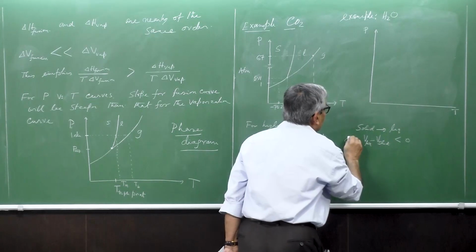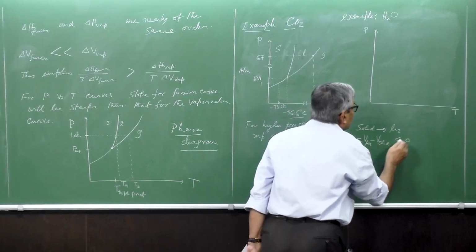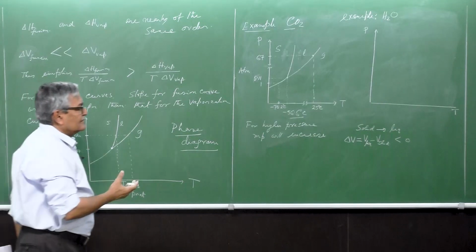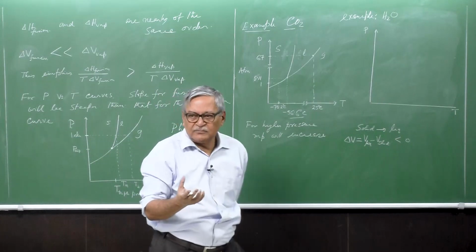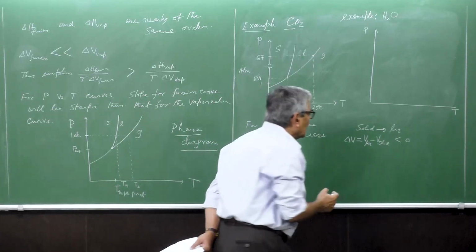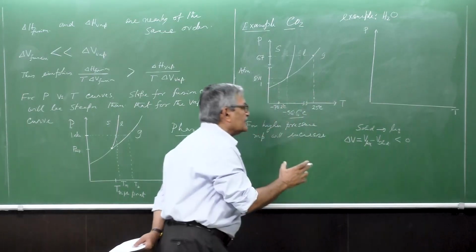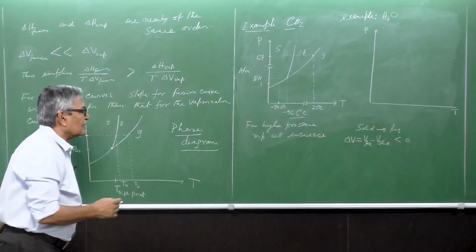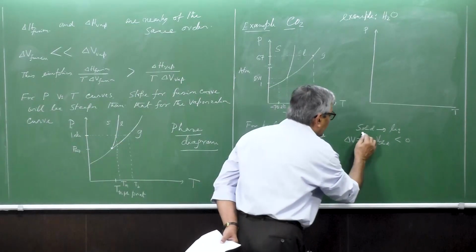That means delta V here is negative. So if you have ice, when it melts, the volume decreases. So the volume of the liquid minus solid is a negative quantity.